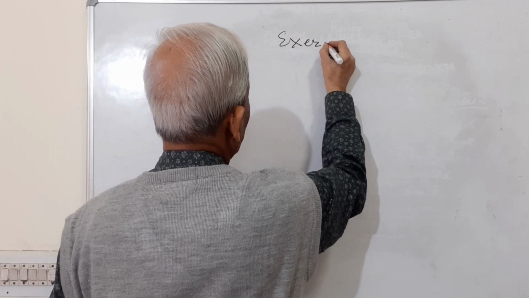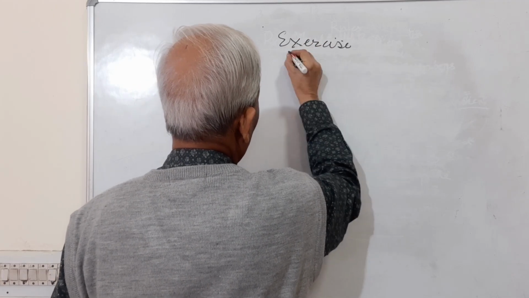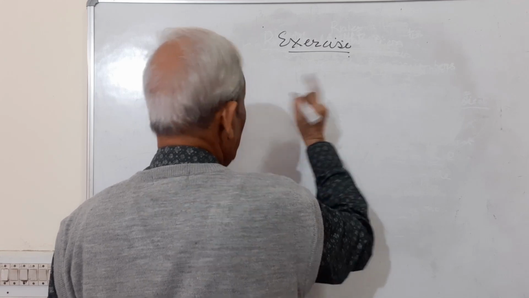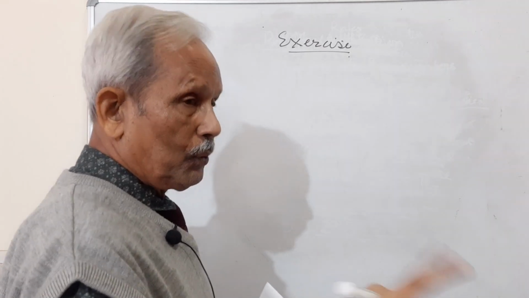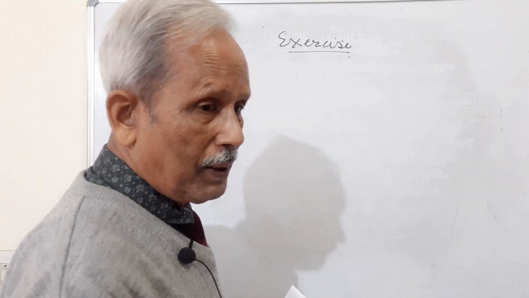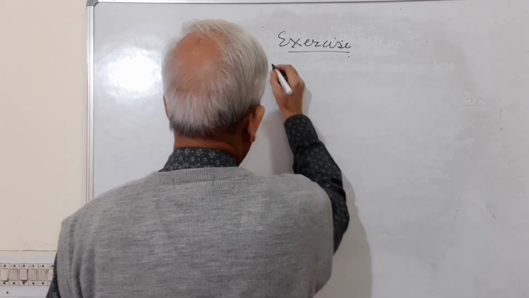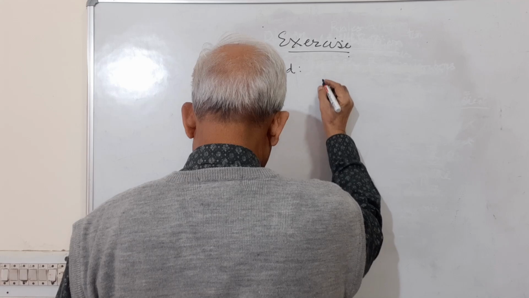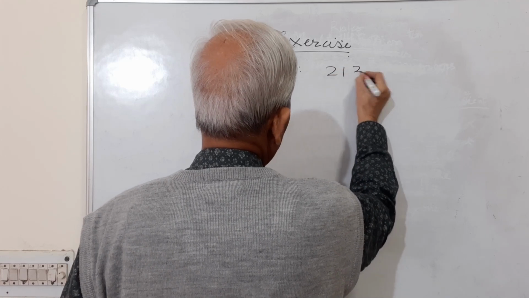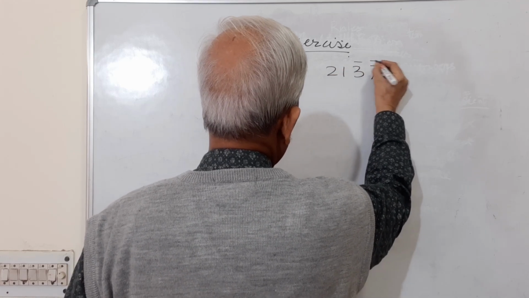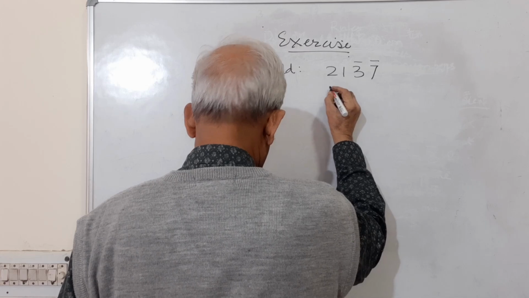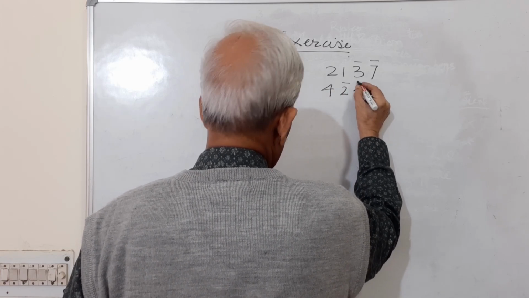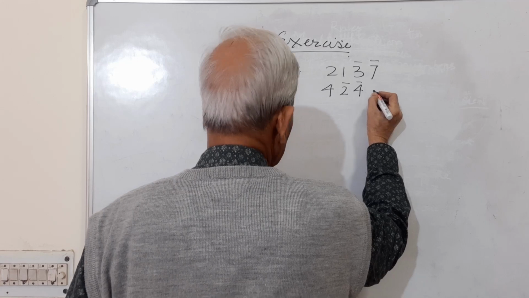Exercise. By using the vinculation concept, not otherwise. So what do you have to do? Add. Exercise for addition: 2, 1, 3, 7 plus 4, 2 bar, 4 bar and 3 bar.